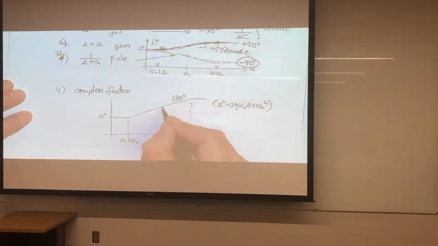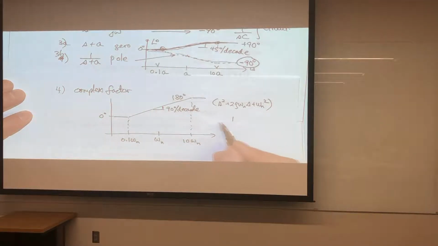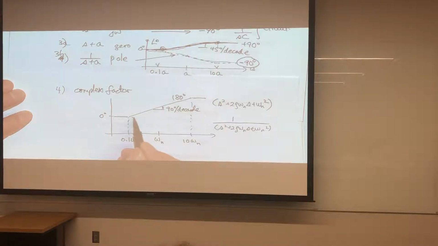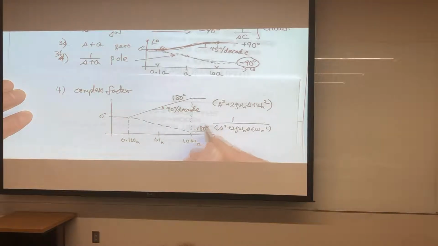So this slope is 90 degrees per decade. If we have a complex conjugate pair of poles, so that the factor looks like 1 over s squared plus this, then the characteristic looks just the opposite, and things go down to negative 180 degrees. And the slope is negative 90 degrees per decade.